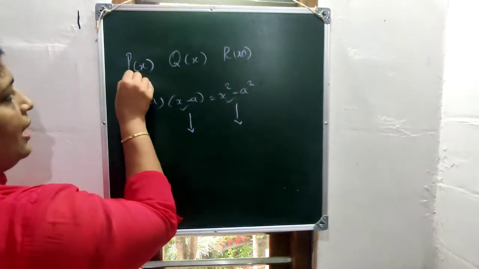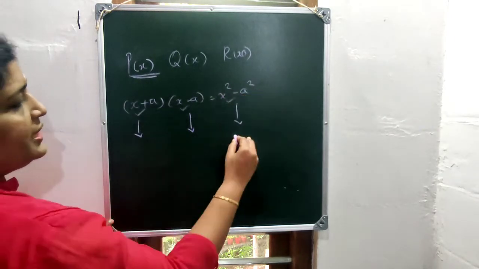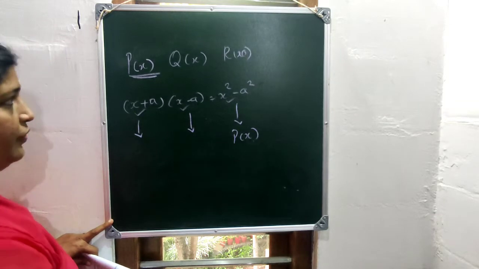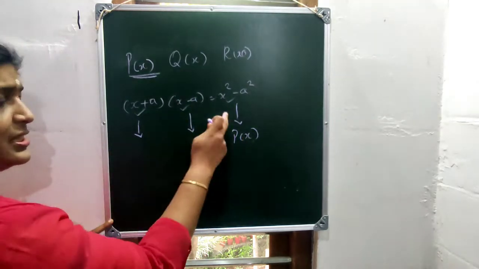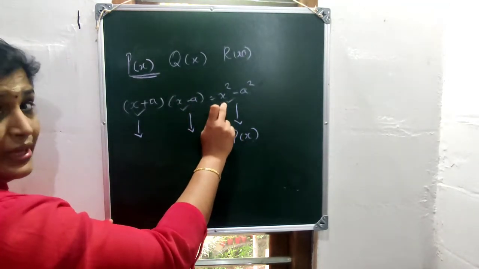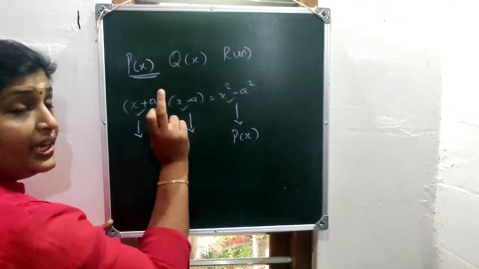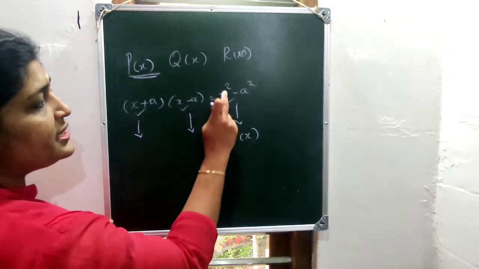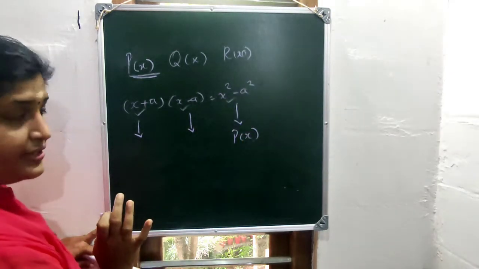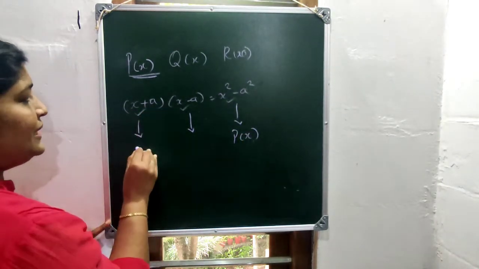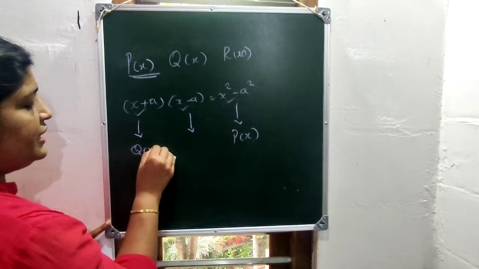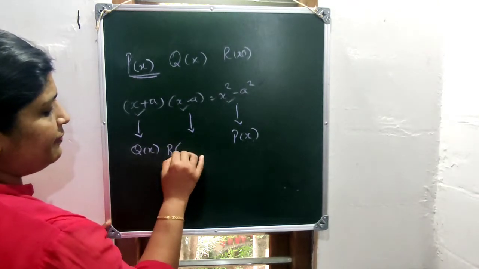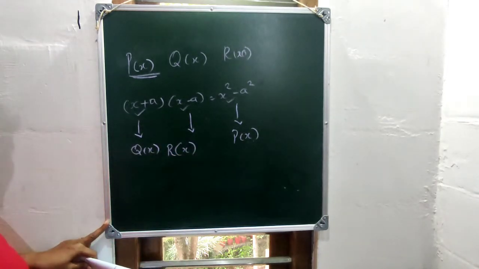I am going to take this x square minus a square as p of x, a second degree polynomial in x. And this x plus a, a first degree polynomial, as q of x, and this x minus a, a first degree polynomial, as r of x.